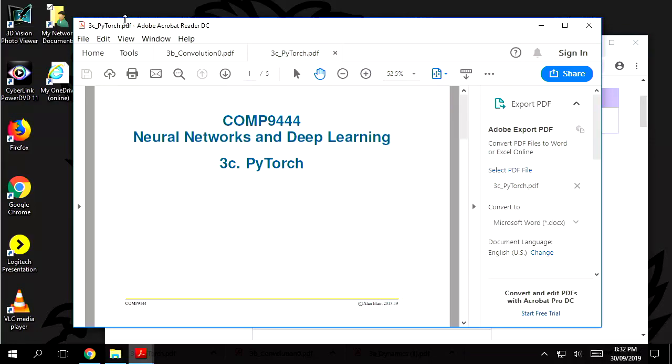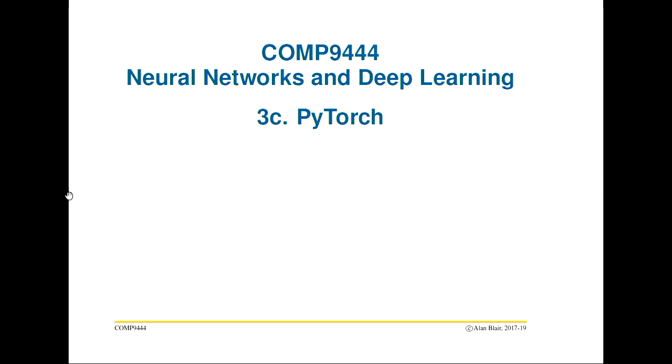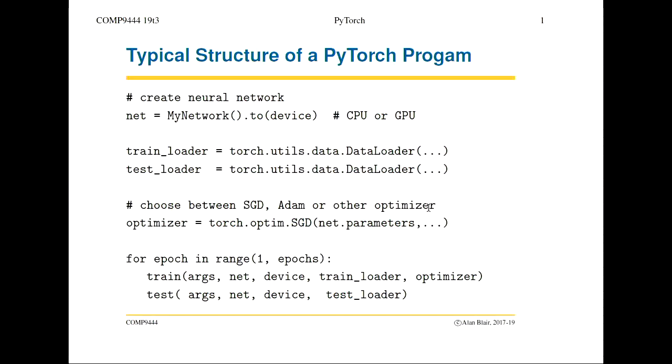I'm just going to give a very brief overview of this. This is the typical structure of a PyTorch program. You define a certain network architecture based on the module class in PyTorch, and then you declare a network to be of that type.